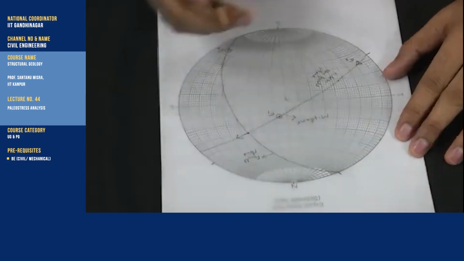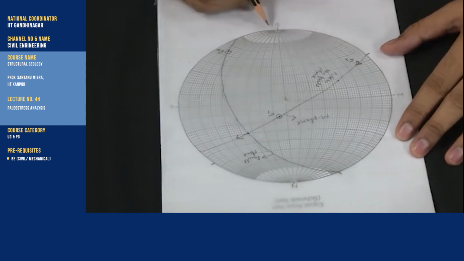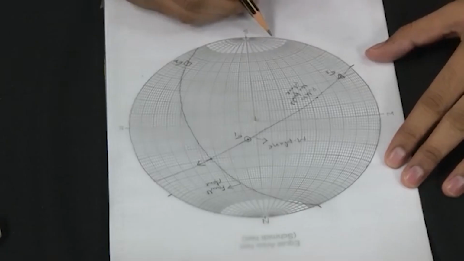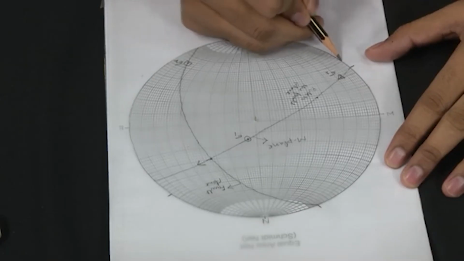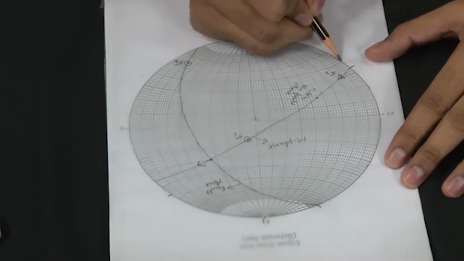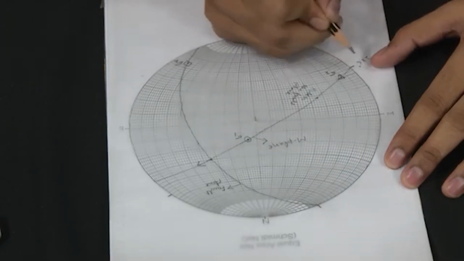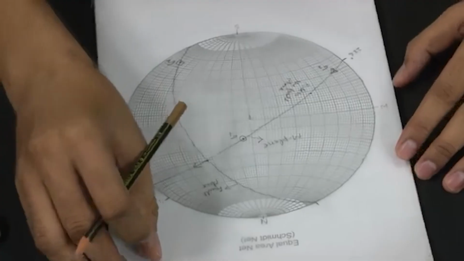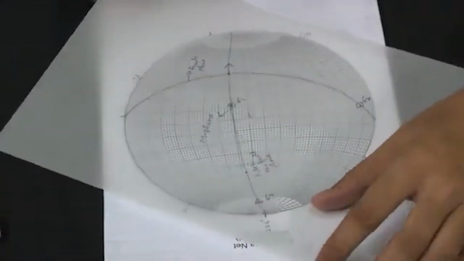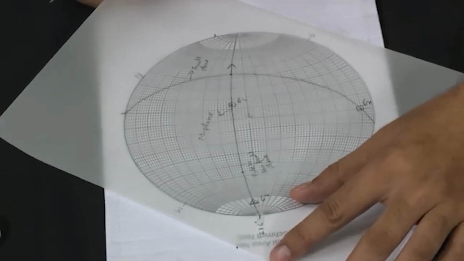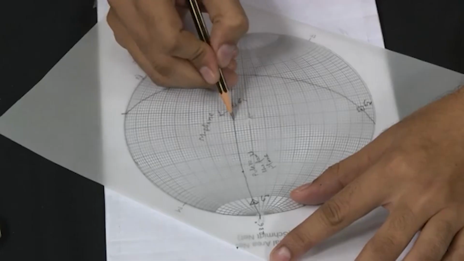we will mark this. So the strike is 180, 190, 200, 210, 220, 230 to 236. So, this is 236, and for the dip, we will rotate this strike to the north and determine the dip, and the dip is 80 degrees.